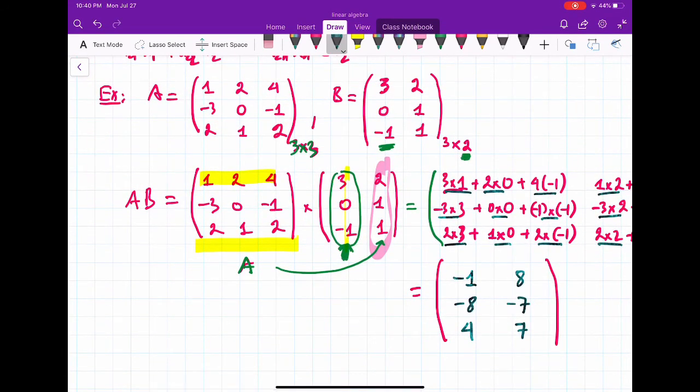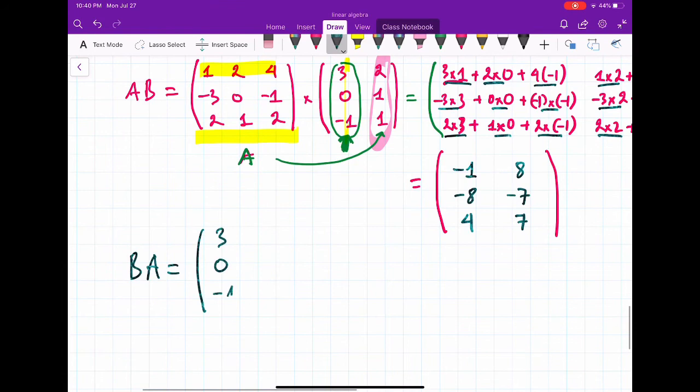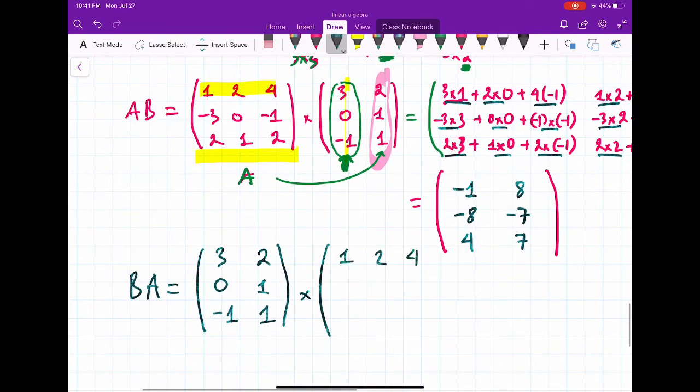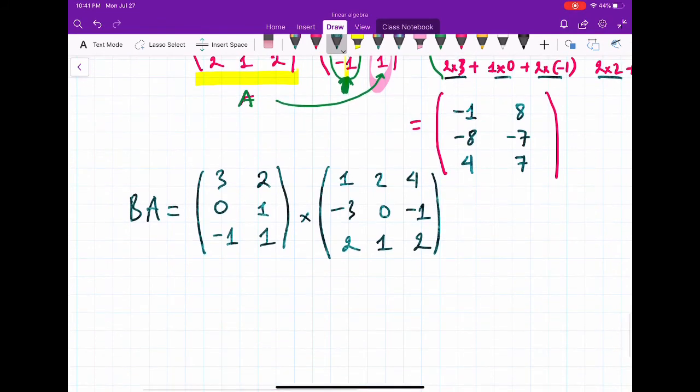Okay? Now, let's try to find BA. And we'll see what happens. So BA is 3, 0, -1, 2, 1 and 1 in here, multiplied with 1, 2 and 4, -3, 0, -1, 2, 1 and 2, right? If we apply the same logic, you have just two terms in here, 3 and 2, right?